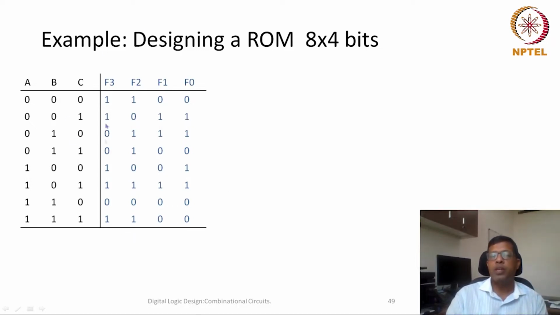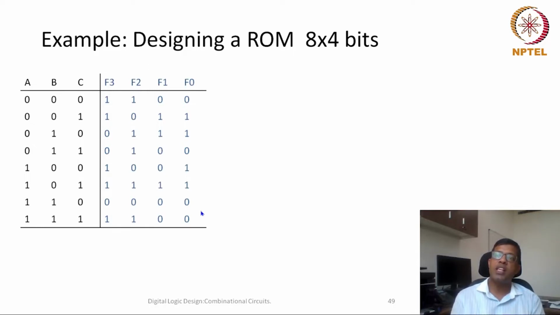So the assumption there would be that the first line means address 0, the second line means address 1, the third line means address 2, and so on and so forth. So only this content would be sufficient to show what is there inside a ROM. Because it's a read only memory, content is fixed, nobody is going to change the content, it cannot be changed.